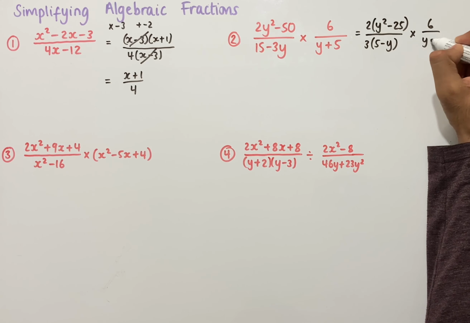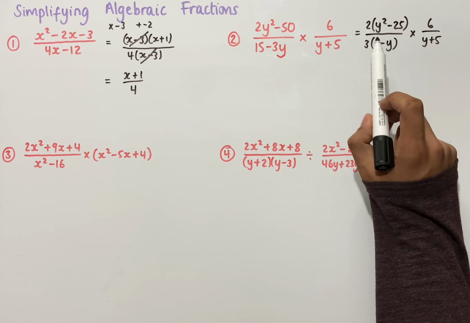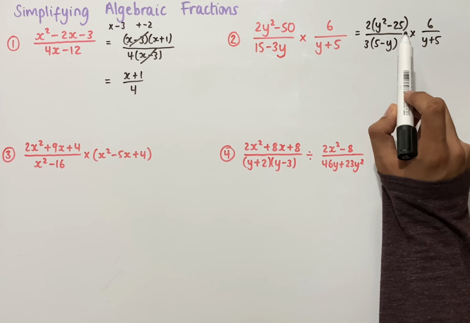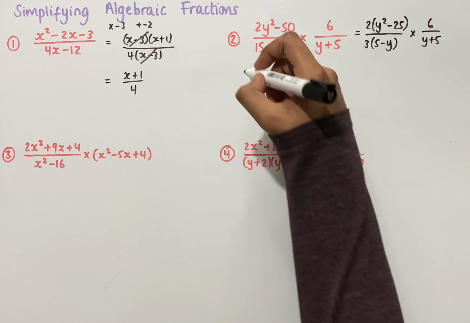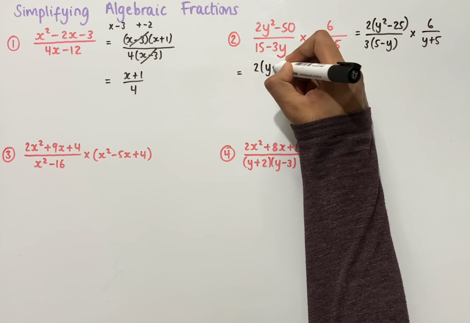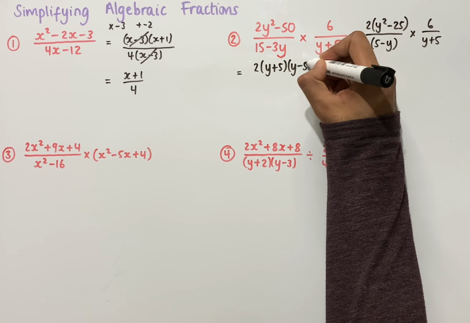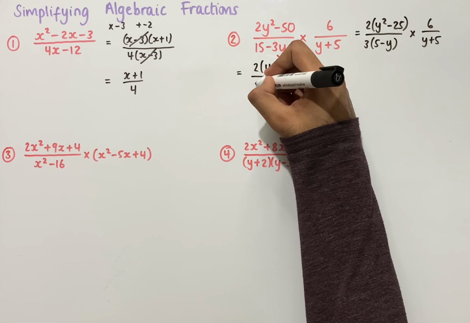And then the second fraction cannot be simplified any further, so we can add that on as multiplying by 6 over y plus 5. We can now simplify these fractions further because in the numerator we have y squared minus 25, which is in the form of the difference of two squares. And so we can write this now as 2 and then brackets y plus 5 and brackets y minus 5. And in the denominator of this fraction, we have 3.